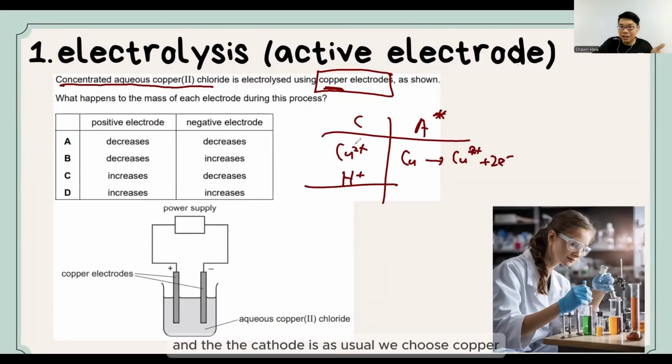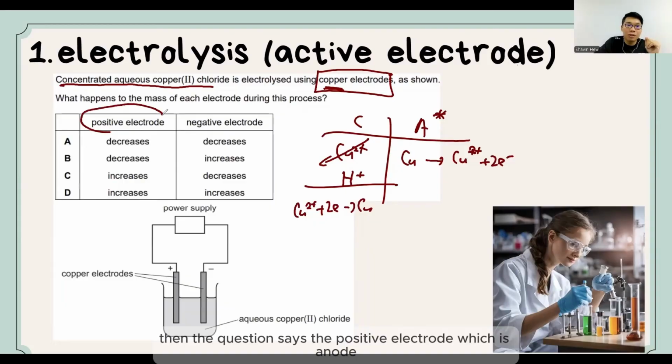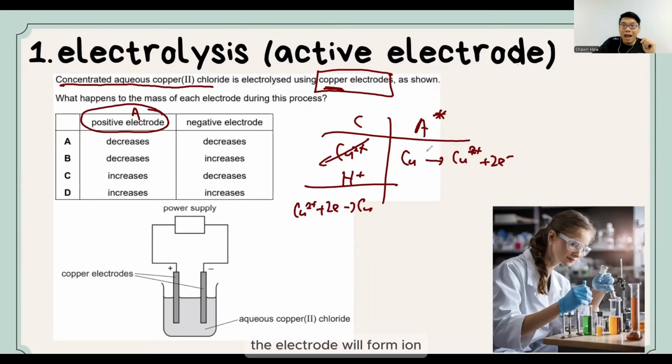And then the cathode is as usual, we choose copper. Then the question says the positive electrode, which is anode, the electrode will form ions. The metal will reduce. So that's why it's decreasing at anode. For negative cathode, more and more copper metal forms here. So it's increased. So it's B.